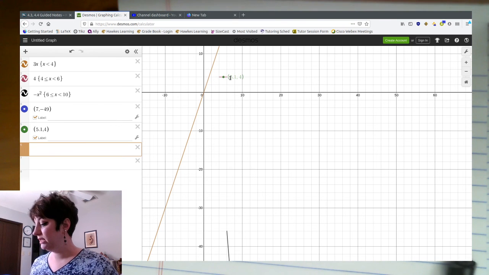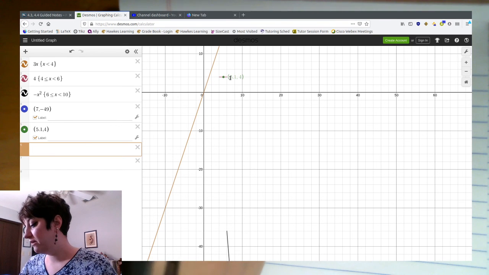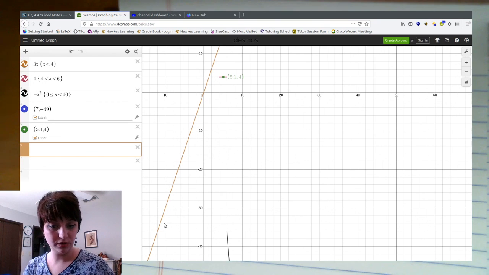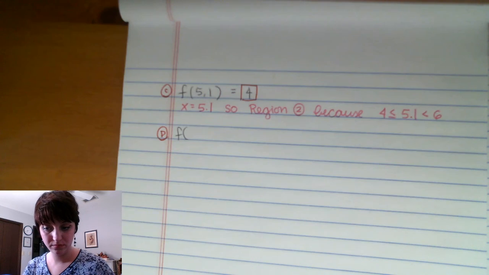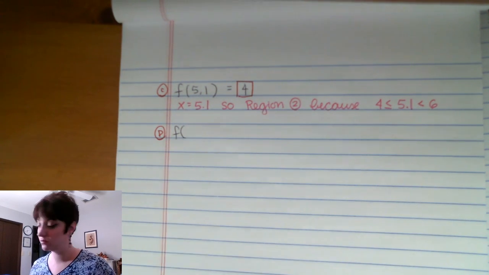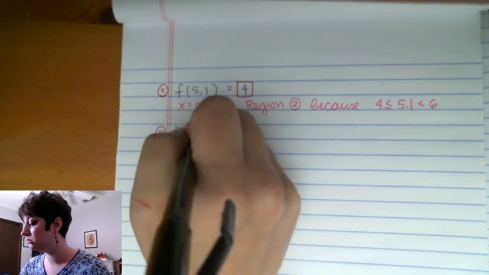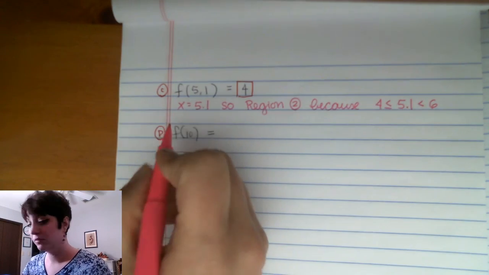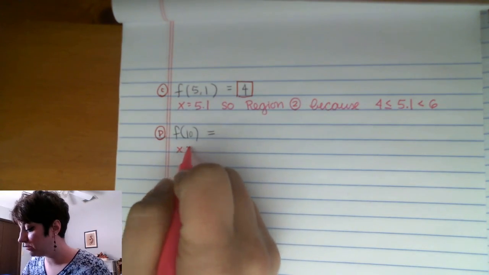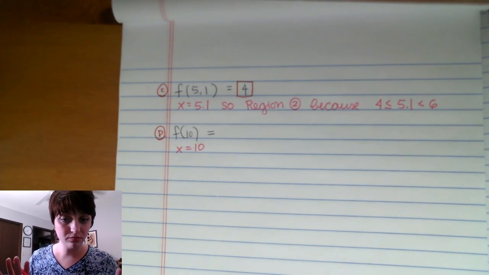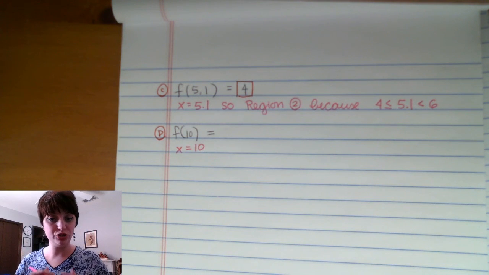For D, let's get rid of that, sorry. Let's do f at 10. All right, so in my machine, I'm plugging in the number 10. So that's what I need to know what the machine does with it.